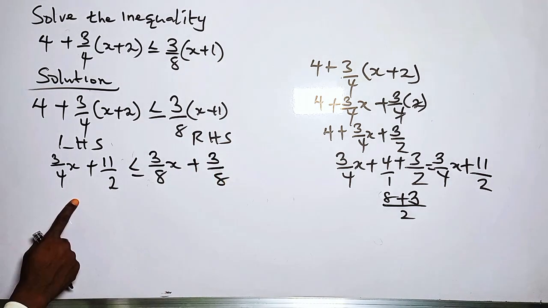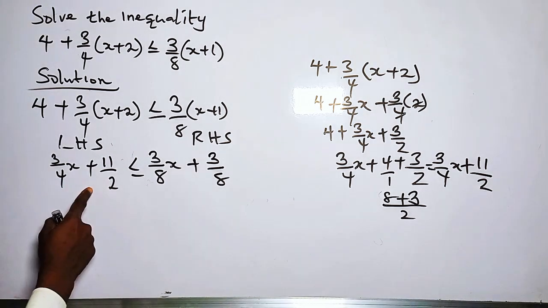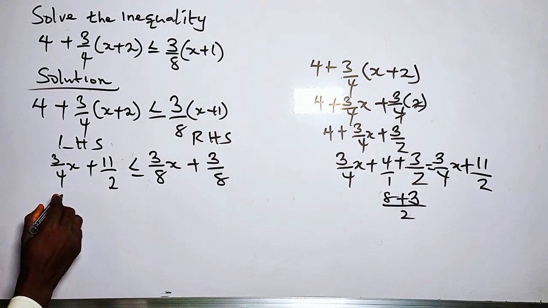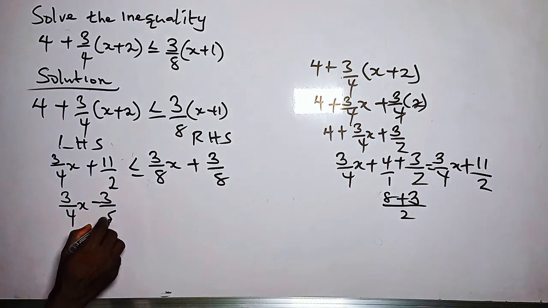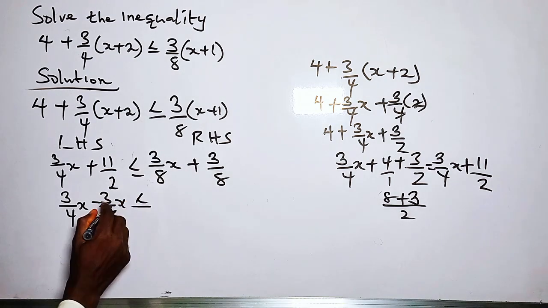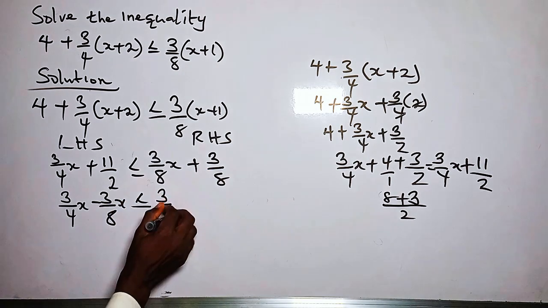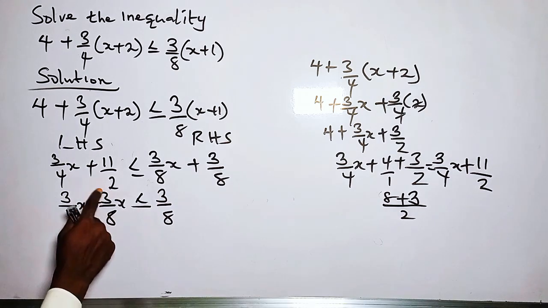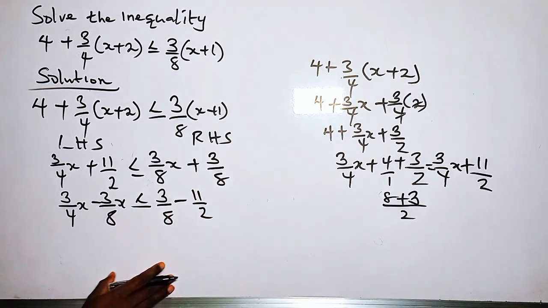From this point, we can bring the x terms together by collecting like terms. So here we have 3 over 4x minus 3 over 8x. When we subtract this from both sides, less than or equal to 3 over 8, this is positive, so here is 3 over 8 minus 11 over 2.